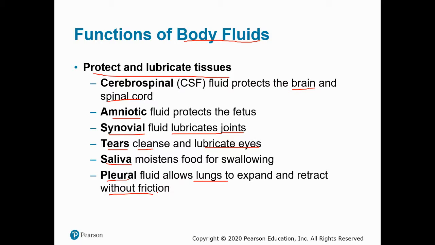You can't feel that there's a lot of friction there. Same with joints. If you've ever had any joint issues, sometimes it can be in part due to not enough synovial fluid, right? Where you're actually feeling more of that bone on bone in the joint. So again, fluid in many different parts of our bodies helps to protect and lubricate whatever part of the body it is.